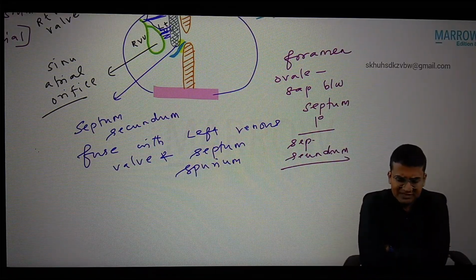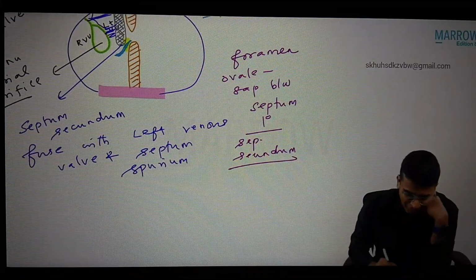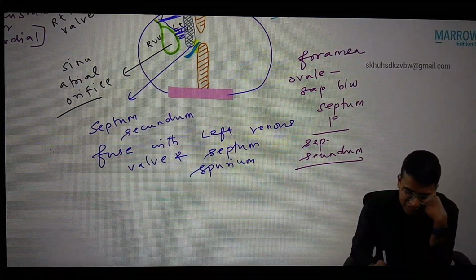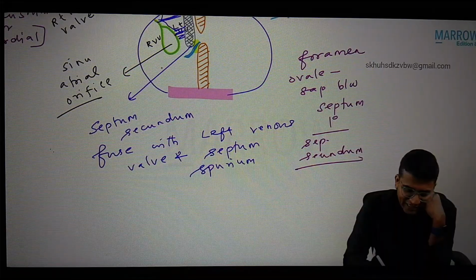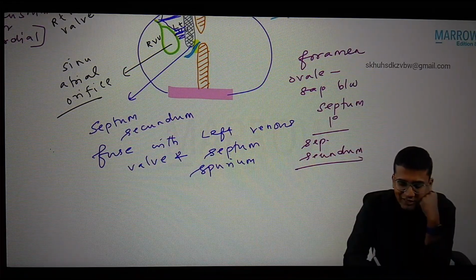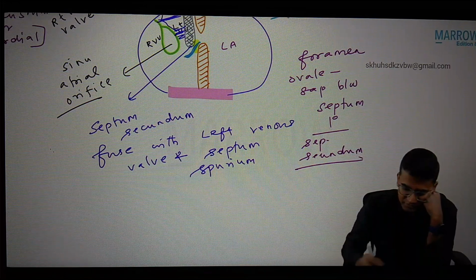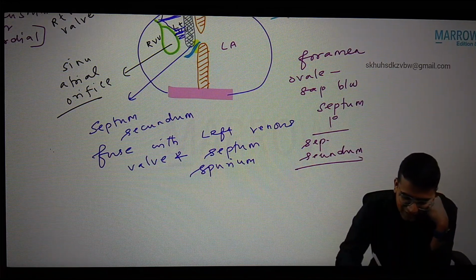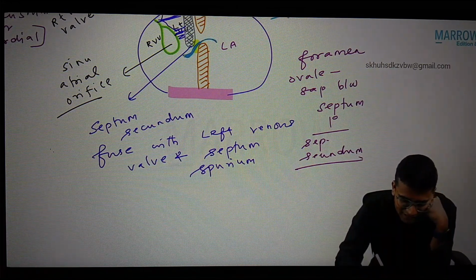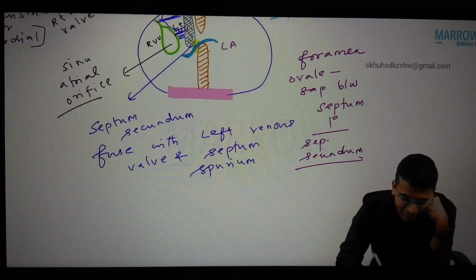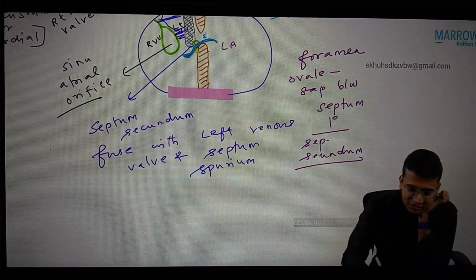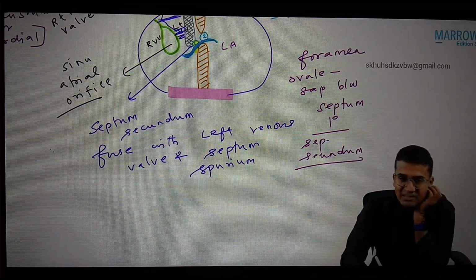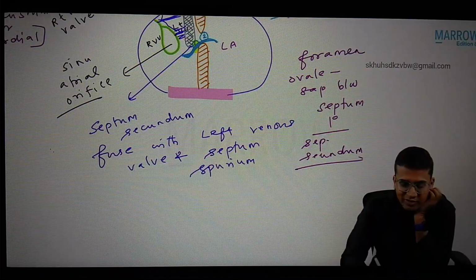Okay, right. Now, what will happen before birth? Blood from the right atrium goes to the foramen ovale, and via the ostium secundum it comes to the left atrium. So the blood flows in this direction like this. Number one is the gap between septum primum and septum secundum, the foramen ovale.